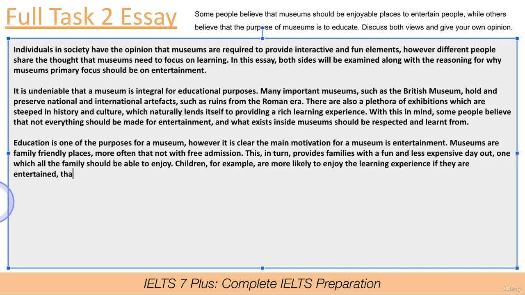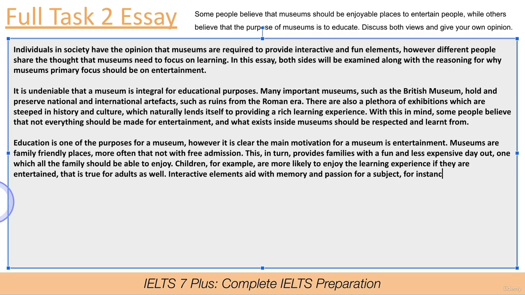That is true for adults as well. Interactive elements aid with memory and passion for a subject.